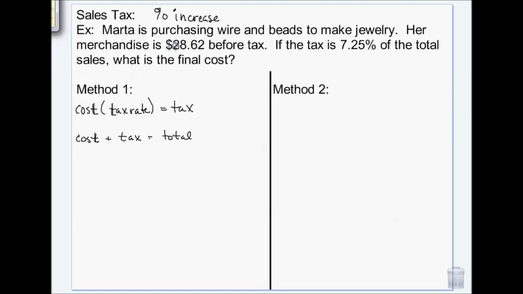So if our merchandise was $28.62 and we have a 7.25% tax rate, we have to convert that to a decimal. So I'm going to move 2 places over. So it's going to be 0.0725. So I'm going to take my cost, which is $28.62, and I'm going to multiply it by 0.0725.